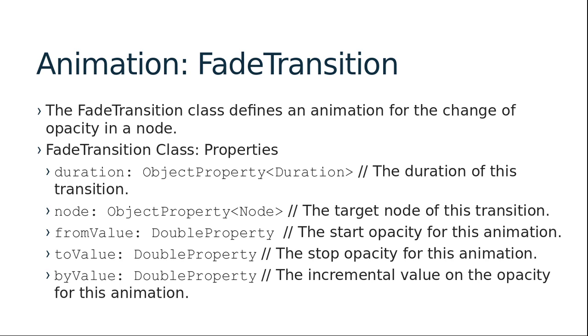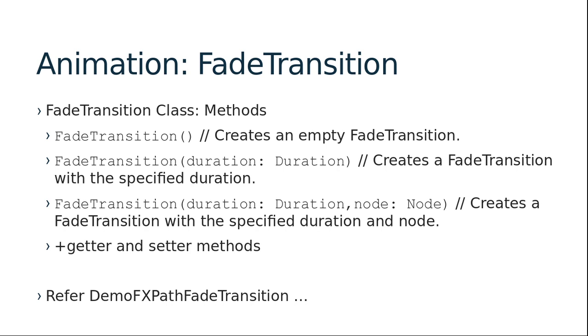Now from where fade, what fade value you want to start, so from value and to value, and what will be the step value. So by value is the step value, increment or decrement steps, and so on. Even it has constructors, fade animation, no argument constructor, then one constructor with duration, another constructor with the duration and node both. It has getter and setter methods also.